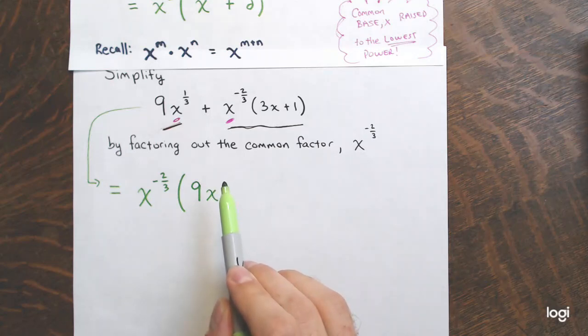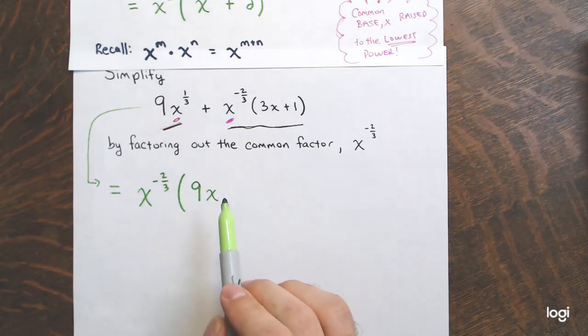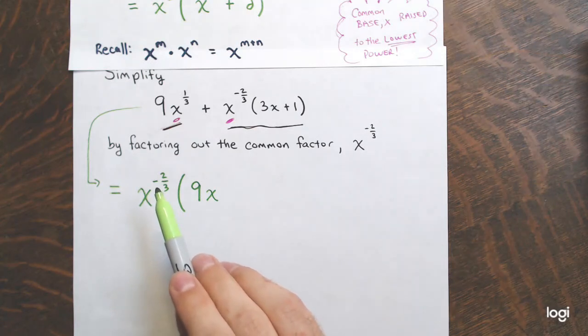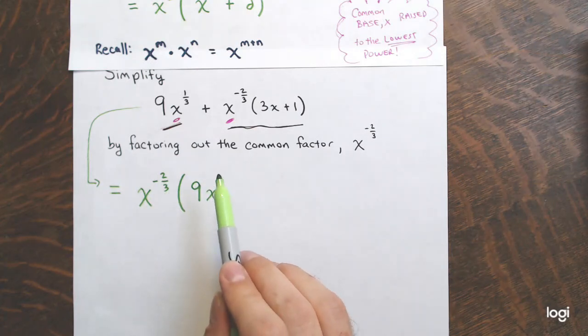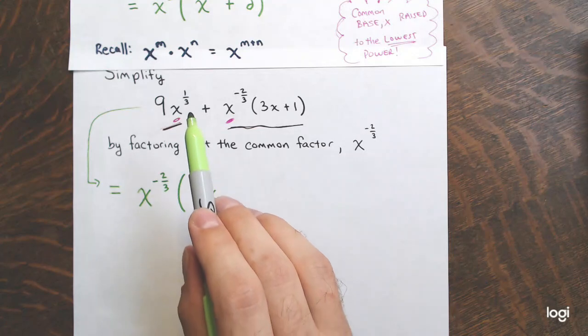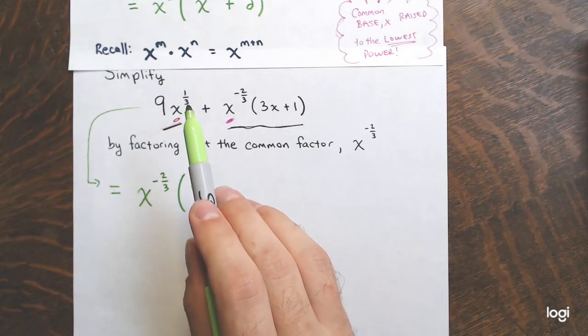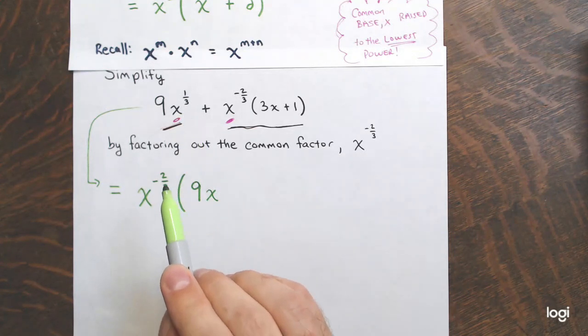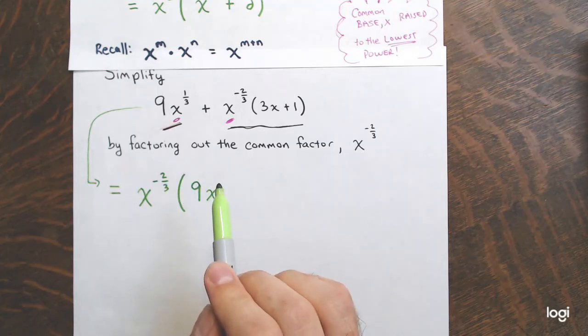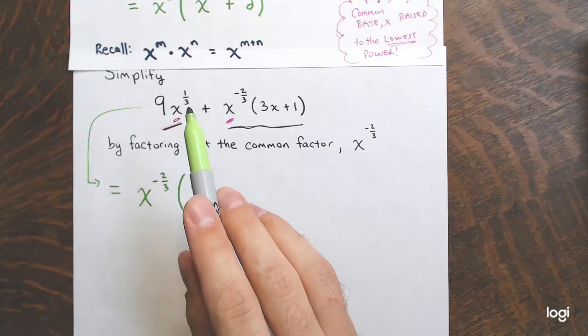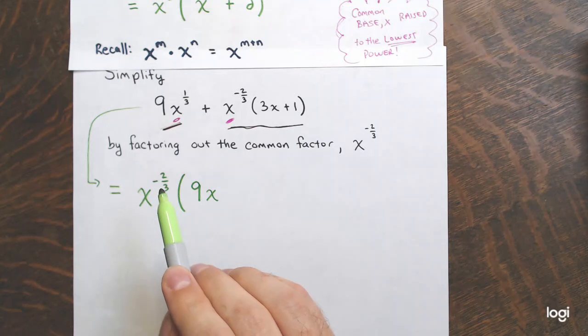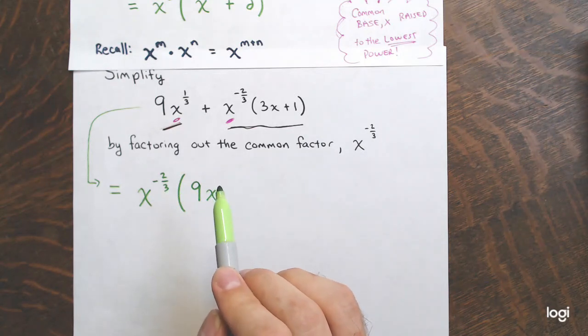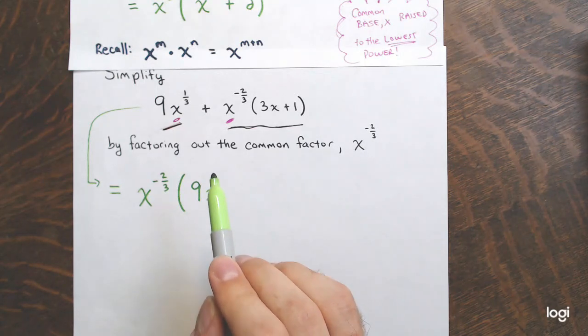If I multiply x to the negative 2/3 times x to some power, I want that to be x to the positive 1/3. So, negative 2/3 plus what would give me positive 1/3? Well, negative 2/3 plus 3/3 would give me positive 1/3.